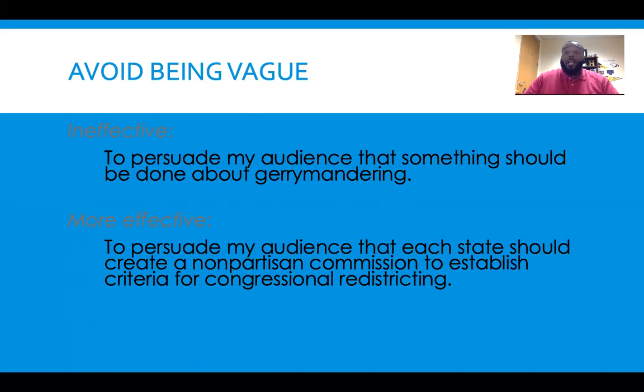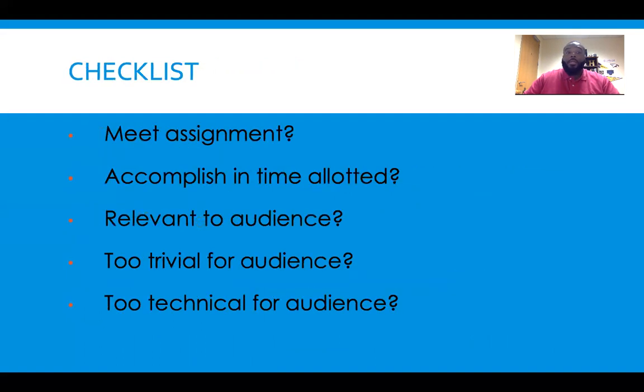Nonpartisan, that's another keyword. You could change it to unbiased, so most people know what bias is. So each state should create an unbiased commission to establish criteria for congressional redistricting. That might be a better specific purpose.